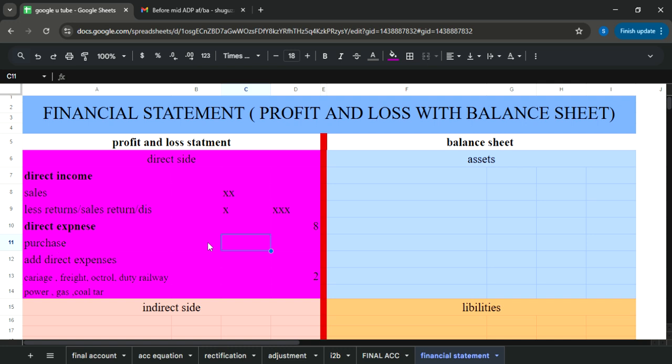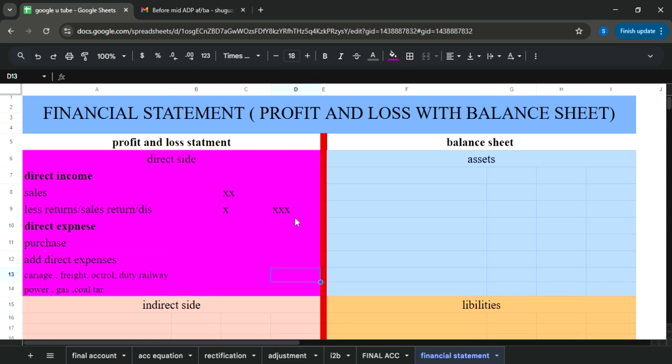Now I need your attention again on how you will write these expenses in your performance statement. At this stage, only two items would appear in the third column. The first item we have completed, that is total income or sales. Now here are direct expenses, which include two types of direct expenses.